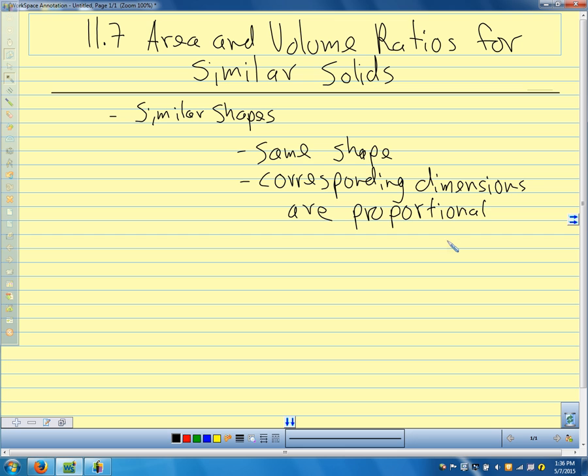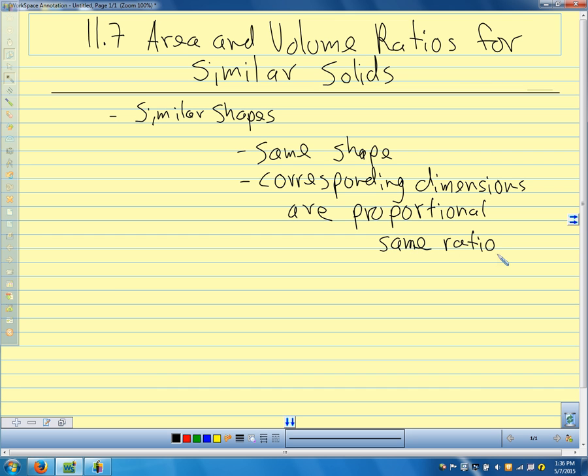I say corresponding dimensions because we could say corresponding heights, slant heights, radii, circumferences. So we can compare anything that's the same between the shapes, and those are proportional. And proportional means the same ratio.